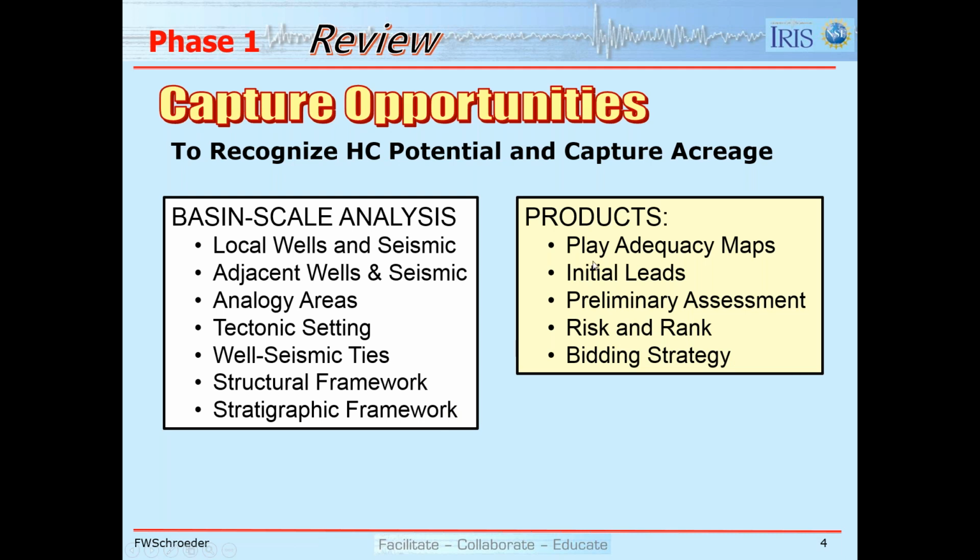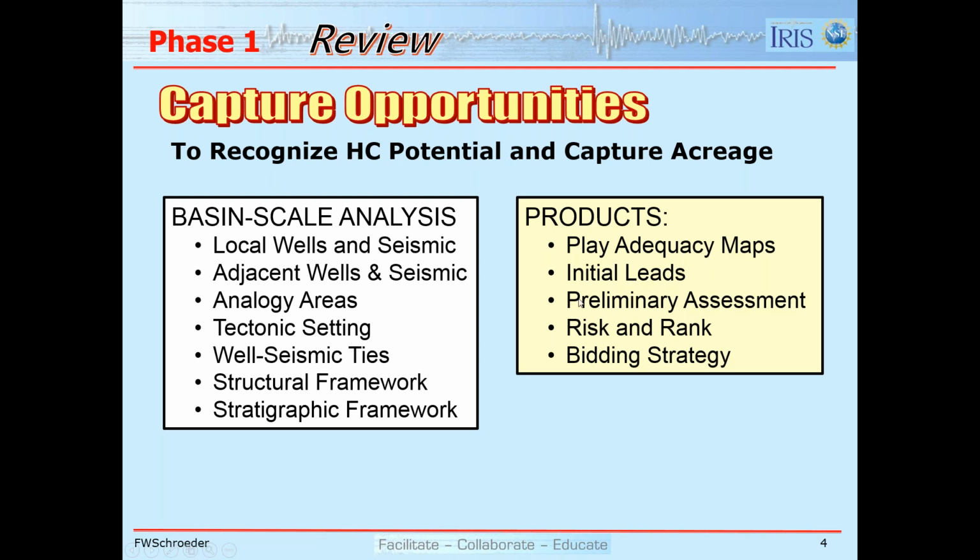The product at this stage is to try to develop a series of play adequacy maps, looking at things like source, reservoir, trap, seal, and migration. We'll identify some leads, things that are interesting in terms of possible potential to be economic fields.